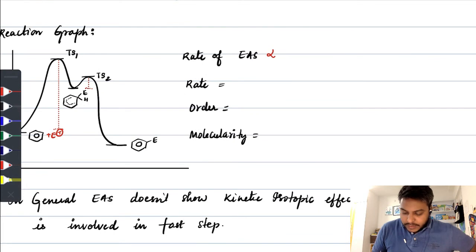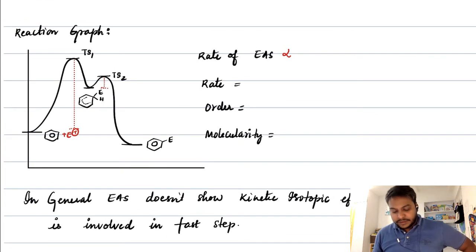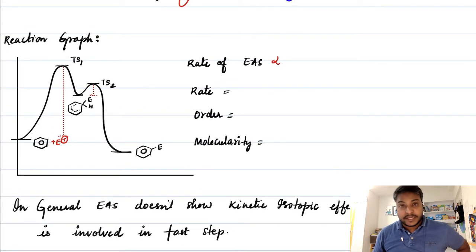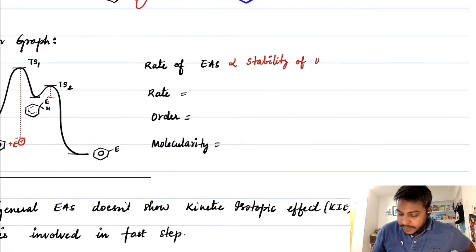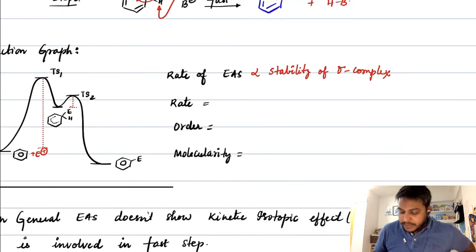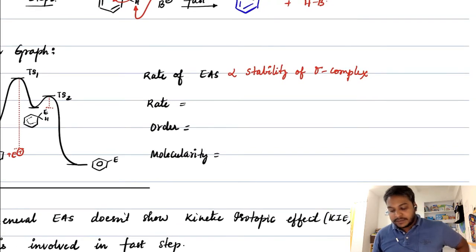Now, students, the rate of electrophilic aromatic substitution depends upon what factors? First, it depends upon the stability of the sigma complex. Well, the sigma complex, I can also call it the arenium complex, or we can call it the Wheland complex.